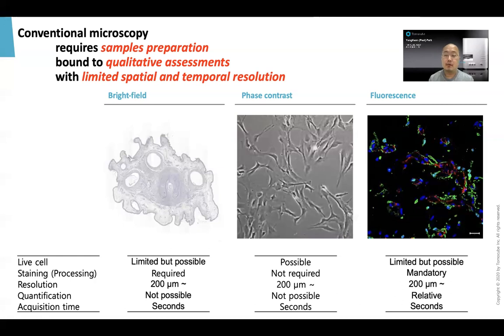By doing that, the cells are no longer alive, and you have to worry about the side effects of the staining procedures, including phototoxicity or photodamage, etc. And even though they can provide very good molecular specificity, the process is very long and very complicated.